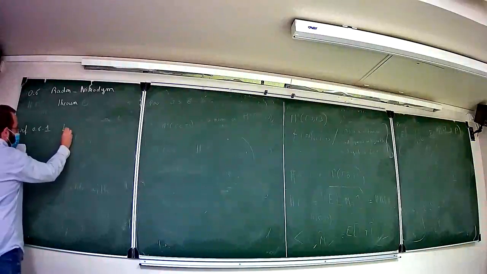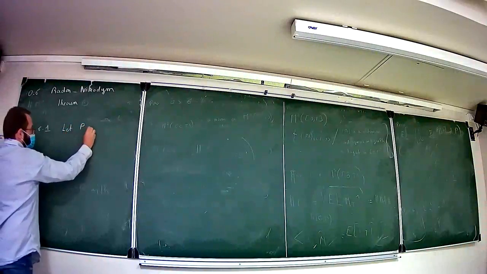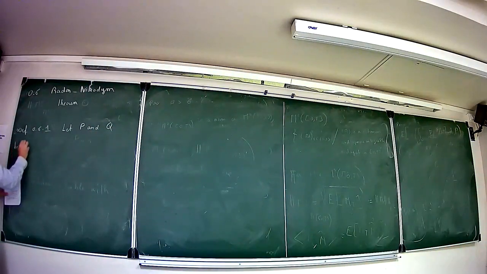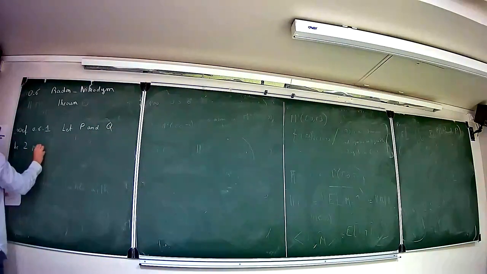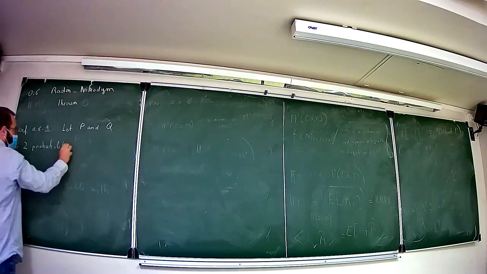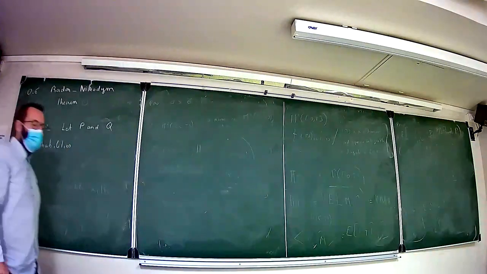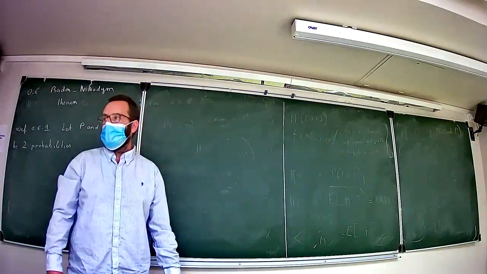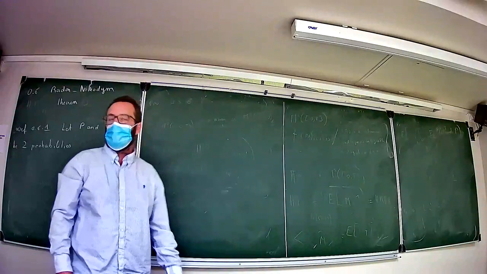So let P and Q be two probabilities. The only constraint I have is that they have to be defined on the same sigma algebra related to the same universe.